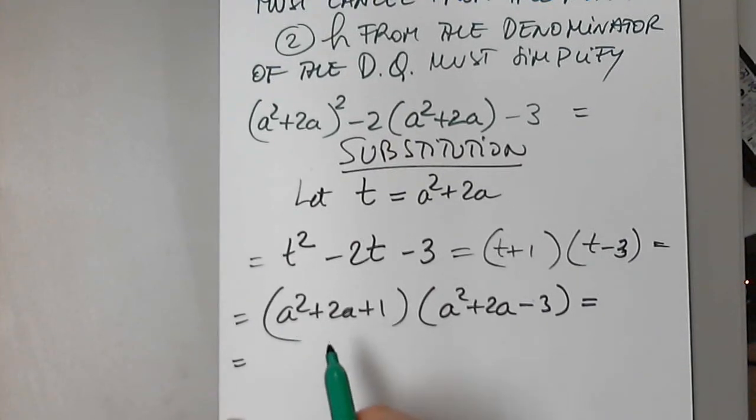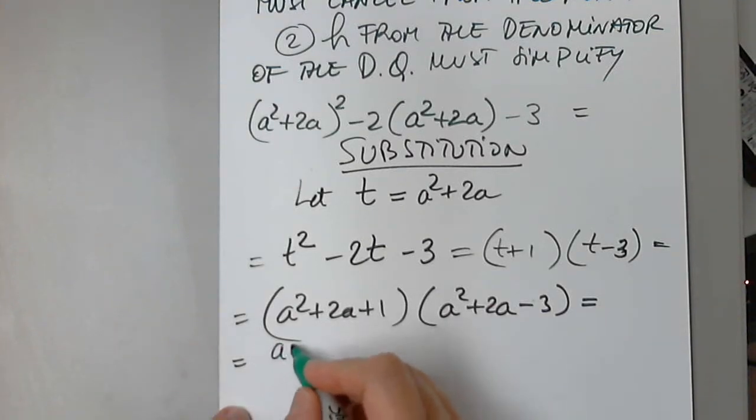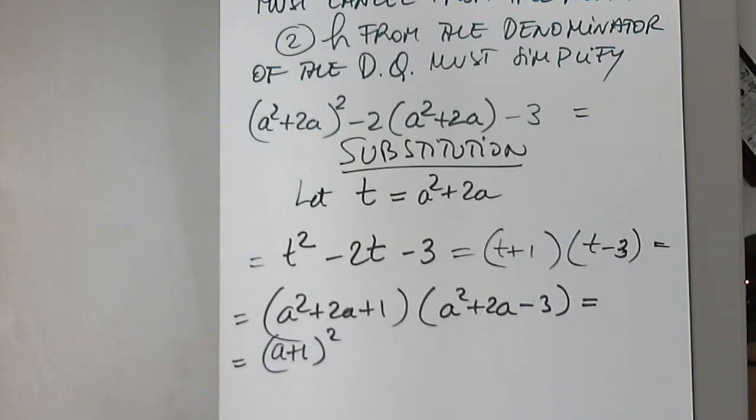How will you factor a squared plus 2a plus 1? a plus 1, a plus 1. Excellent. And we have to write it as a plus 1 squared, though.